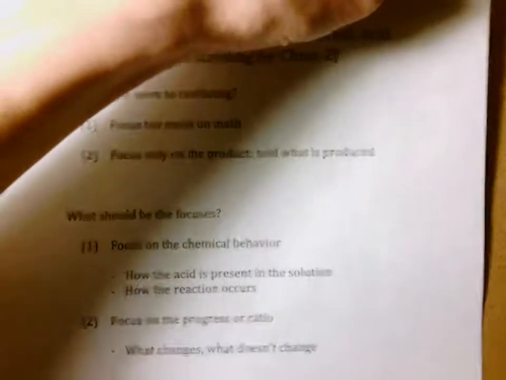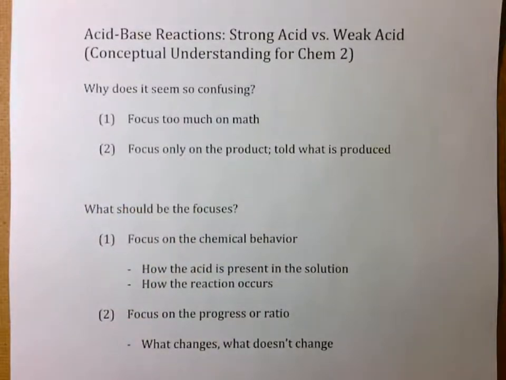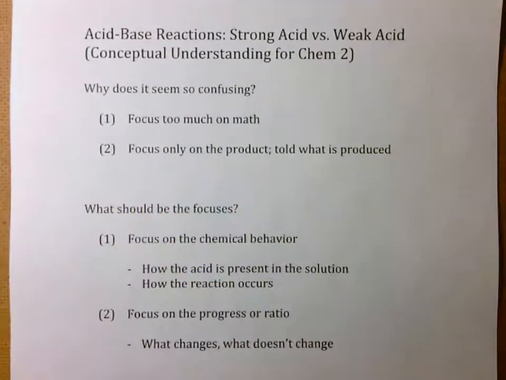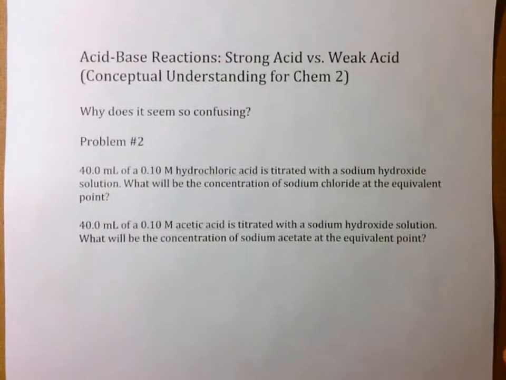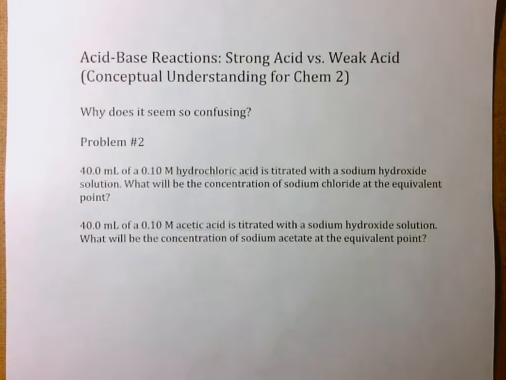Let's go back to the second focus, why it was confusing. The confusion is focused on the product, and you were told what product is being produced. You look at these two questions.